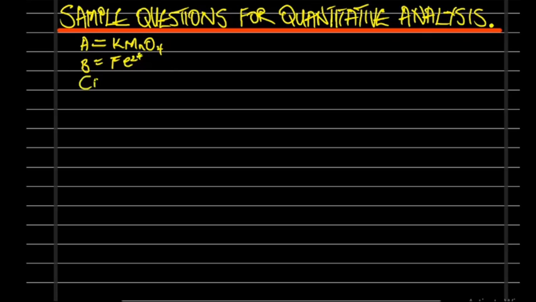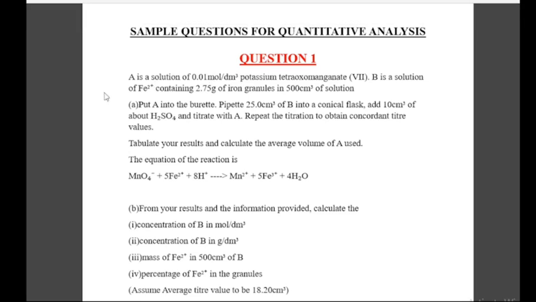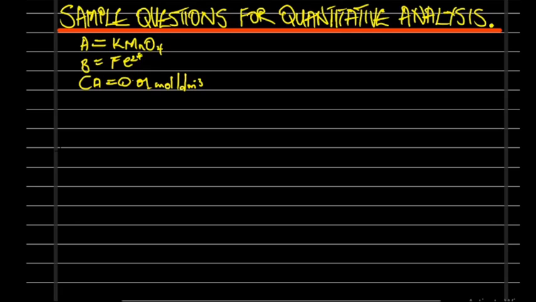So the concentration of acid there, the Ca that we have there, is 0.01 moles per dm cube. As you can see from our question here, we have 0.01 moles per dm cube for the concentration of our acid. And then we are asked to calculate the mass of iron granules. That is one of the things that we are told to calculate.